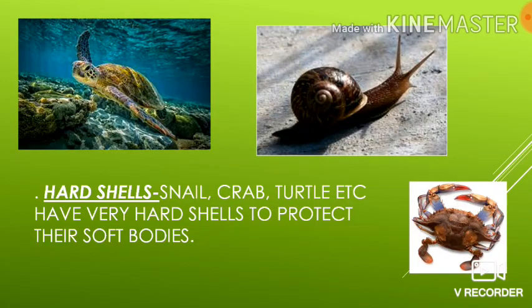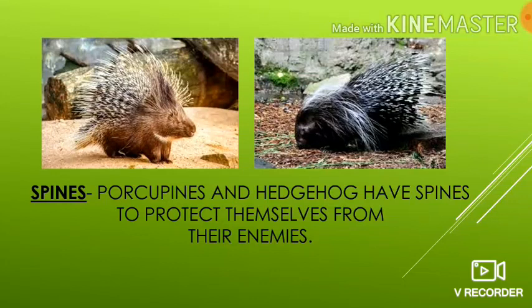Shells. Some animals, snail, crab, turtle, etc. have hard shells to protect their soft bodies. And spines. Some animals, for example porcupines and hedgehogs, have spines to protect themselves from their enemies.